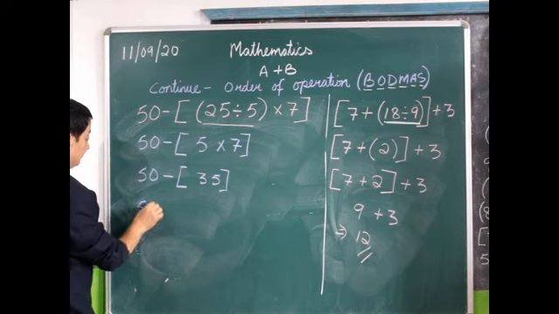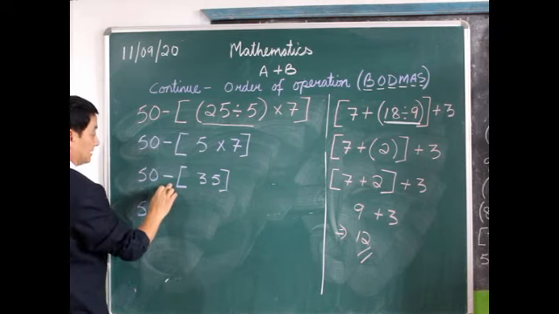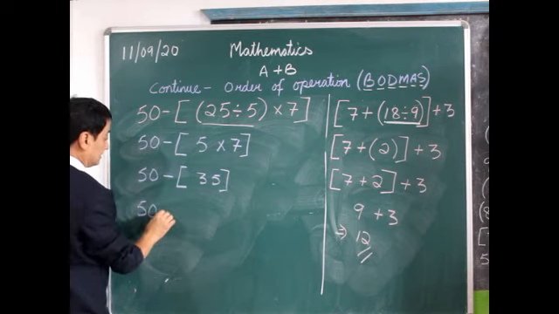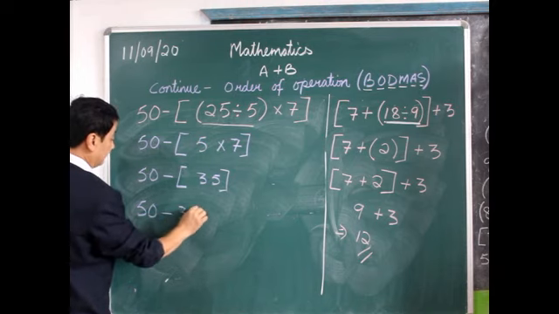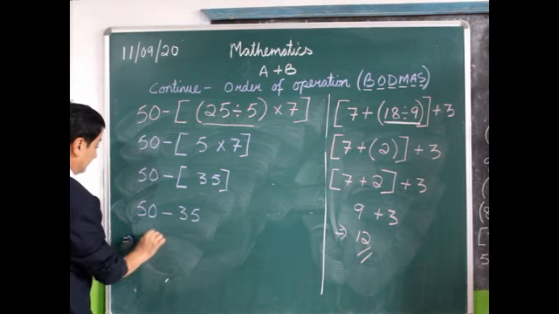Now this 50 remains the same. Now we multiply the sign, minus into plus, minus 35. So 50 minus 35, 15 is your answer.